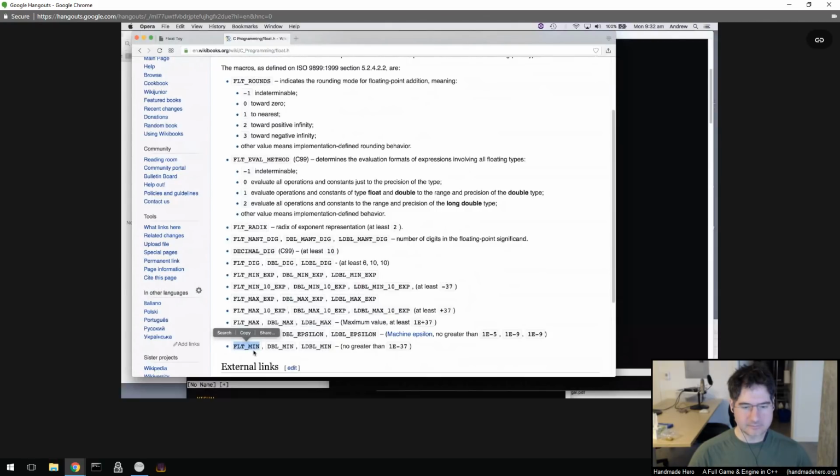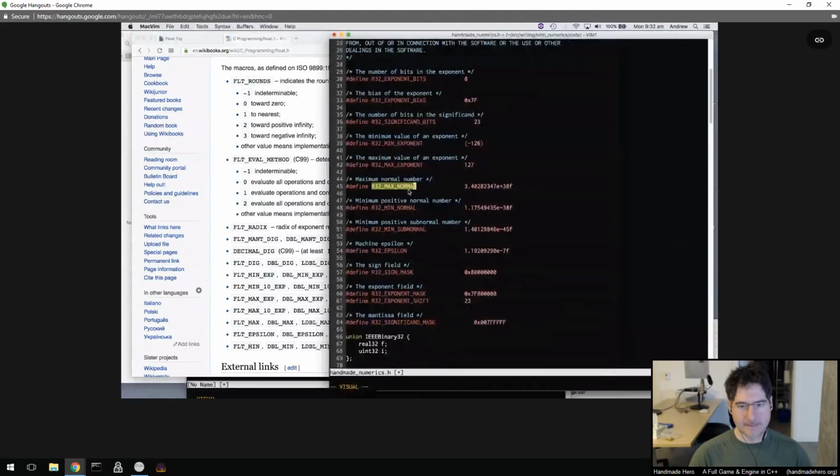It is the minimum positive normal number for a float. A lot of people hate this. That if float max is the largest float, float min should be the smallest float. Well, but it isn't. That's why I've actually called it max normal and min subnormal in this. I think that notation is probably less confusing.